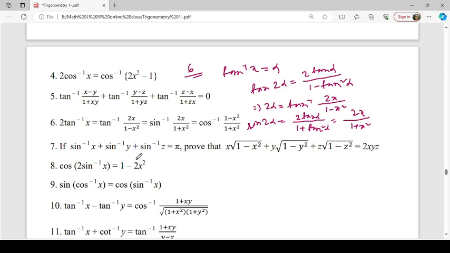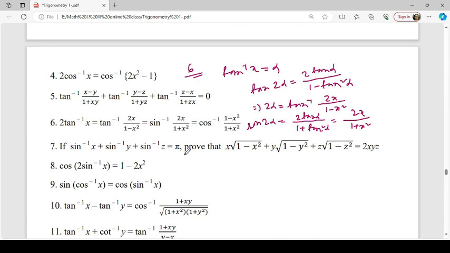Then sine inverse x plus sine inverse y plus sine inverse z equal to pi. If sine inverse x is A, sine inverse y is B, sine inverse z is C, these are some angles, so A plus B plus C equal to pi.